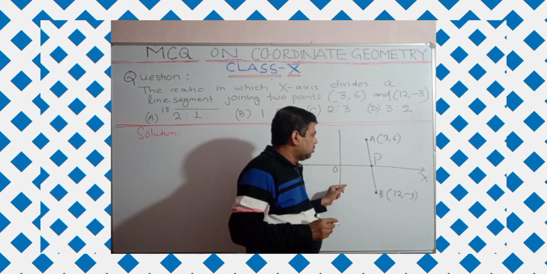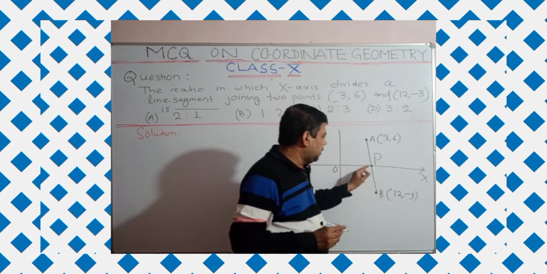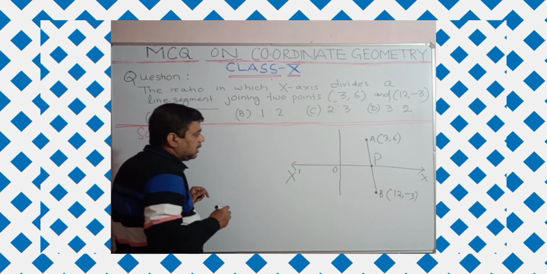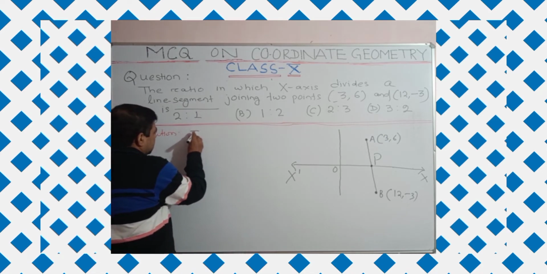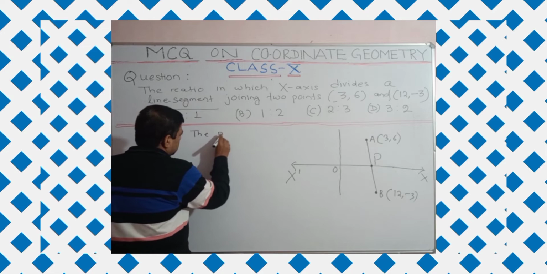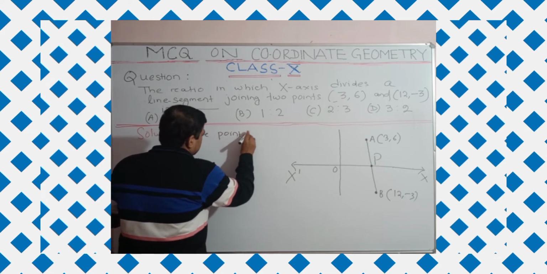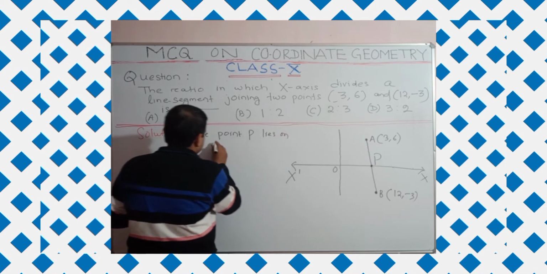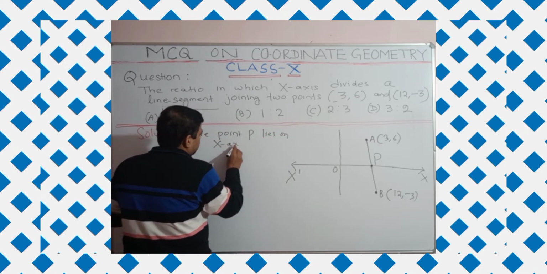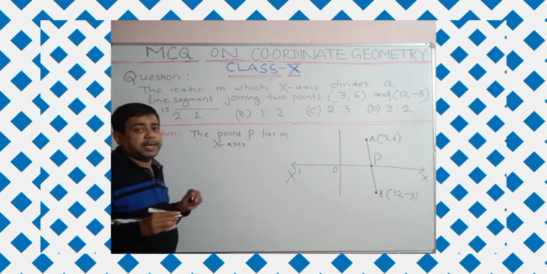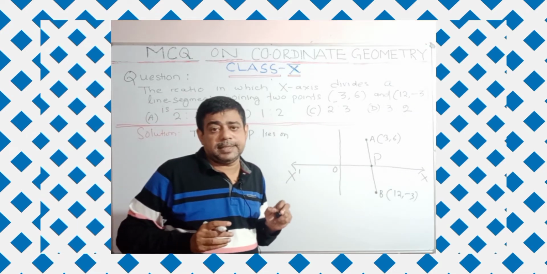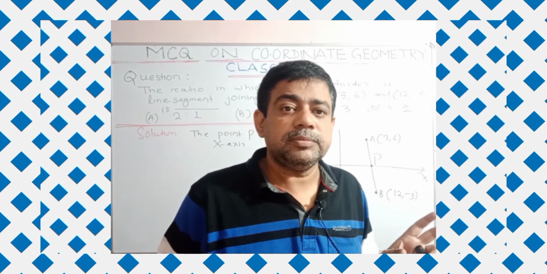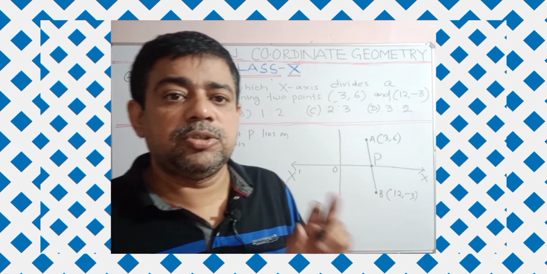Okay. And you see the point P first of all lies on the x-axis. All of you know that any point that lies on the x-axis has an x coordinate that is any real number and the y coordinate is always 0.